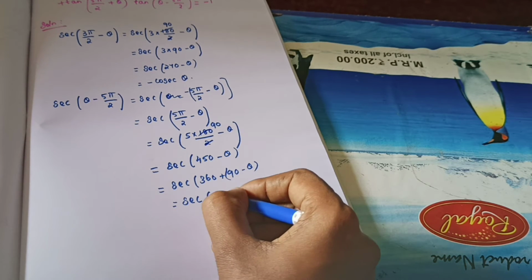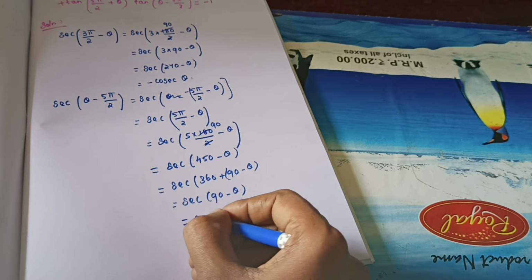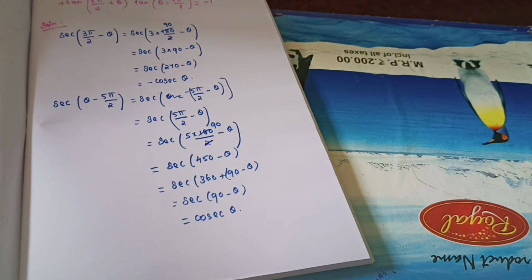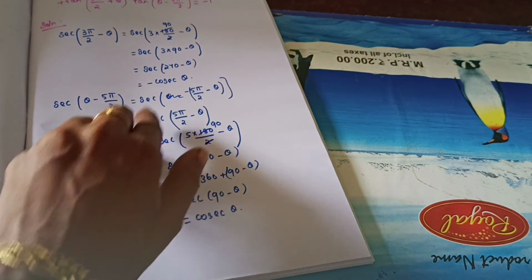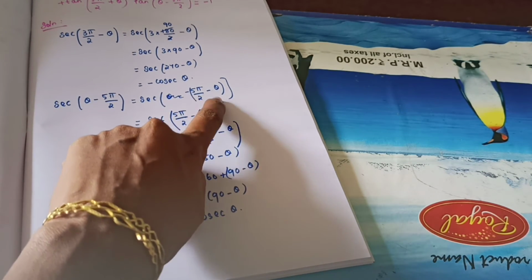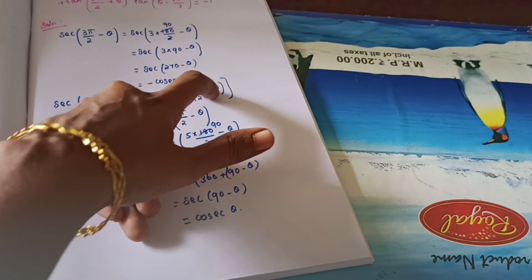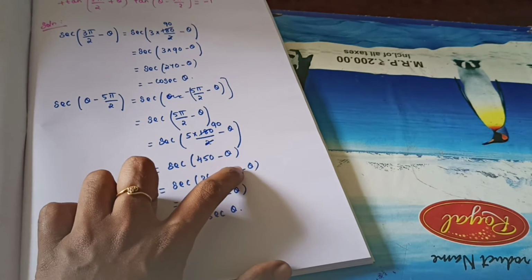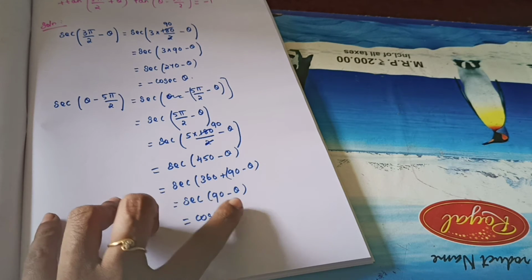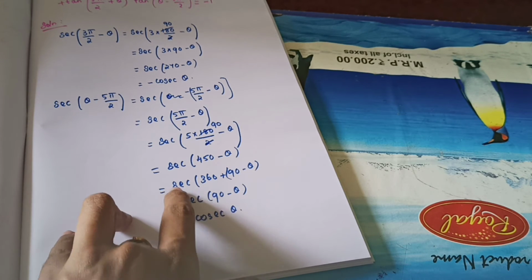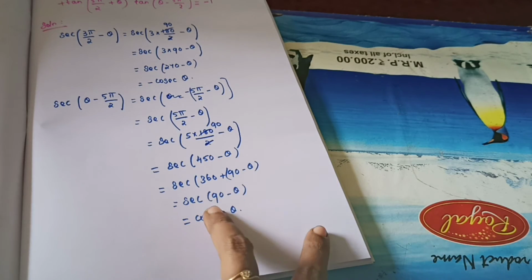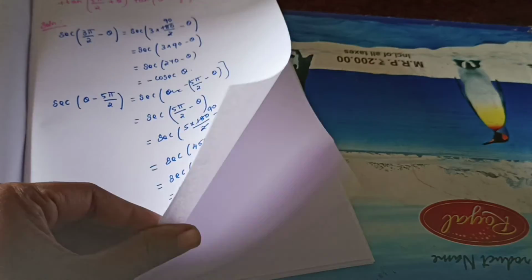So secant of 90 minus theta. What's the value of secant of 90 minus theta? Cosecant theta. Understand? I have simplified 450 minus theta. 450 I have written as 360 plus 90 minus theta. Again 360 plus theta gives theta, so the value is secant of 90 minus theta, so cosecant theta. Understand?